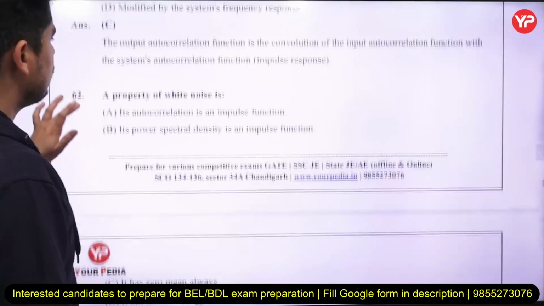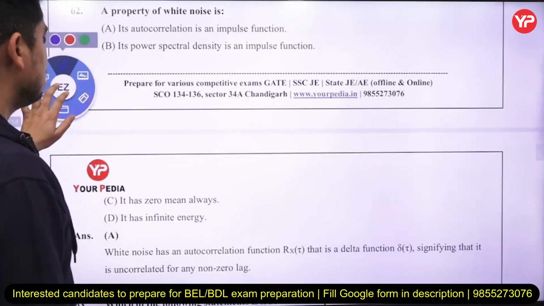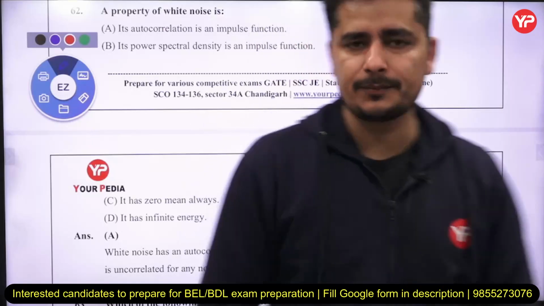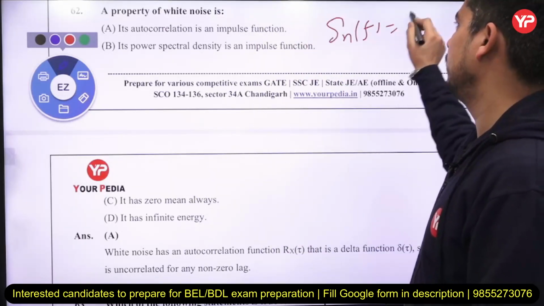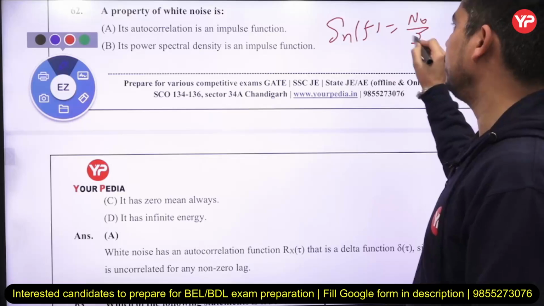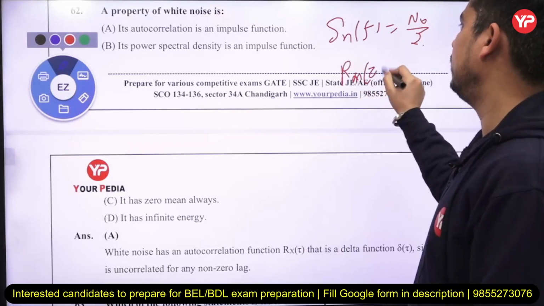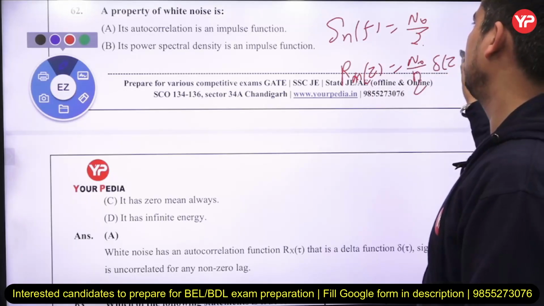The properties of white noise. Whenever I am talking about white noise, its power spectral density Sn(f) is equal to N0 by 2. If you take its inverse Fourier transform, Rn(tau) will be N0 by 2 times delta(tau).